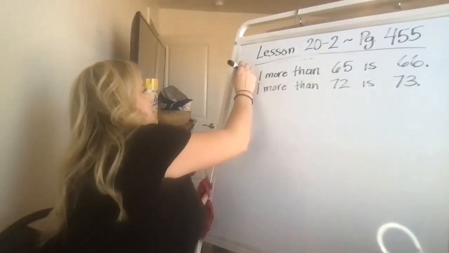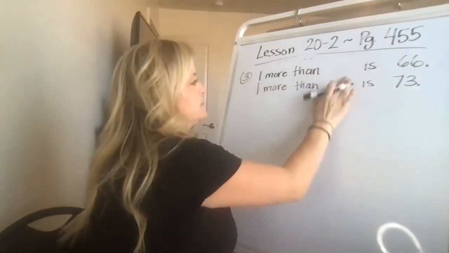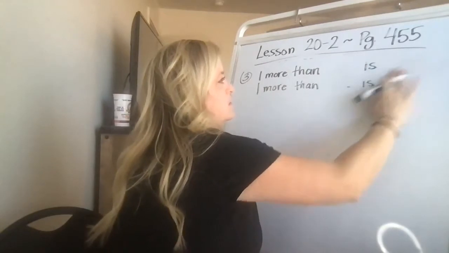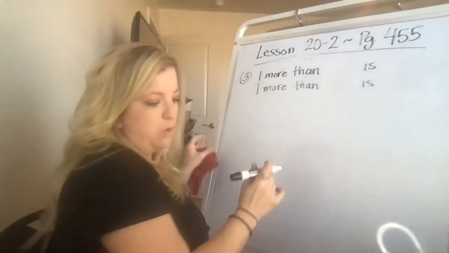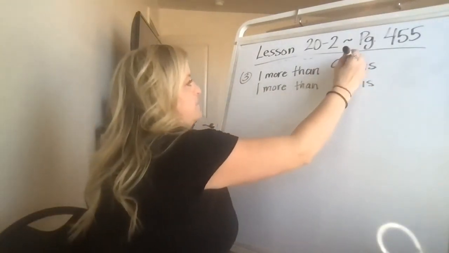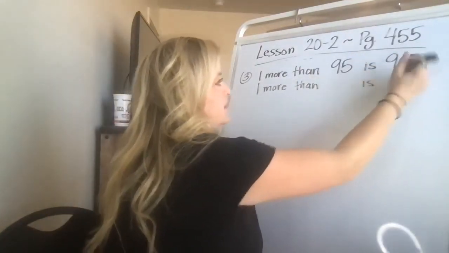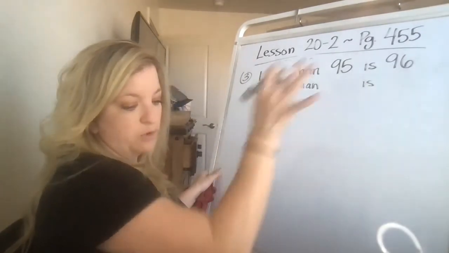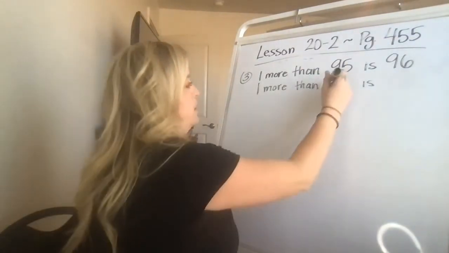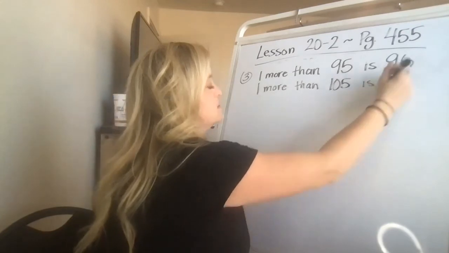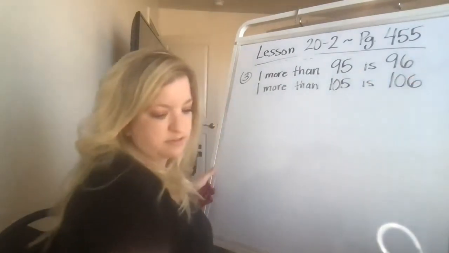I'm just going to change this and this and this. All right. 1 more than 95 is 96. Now I'm going across the row. It says 1 more than 105 is 106.